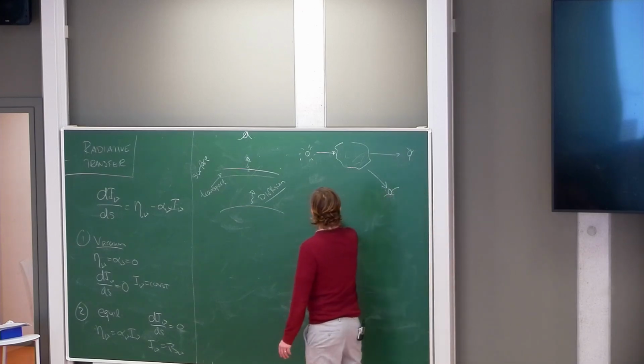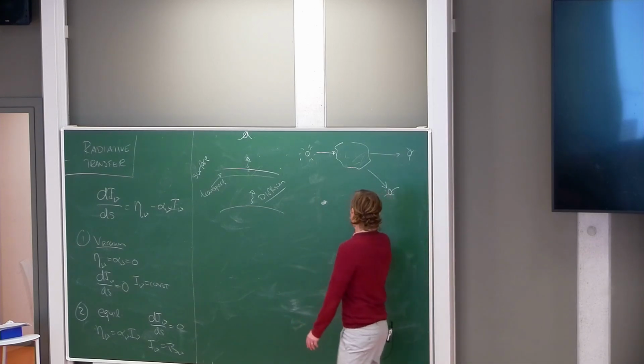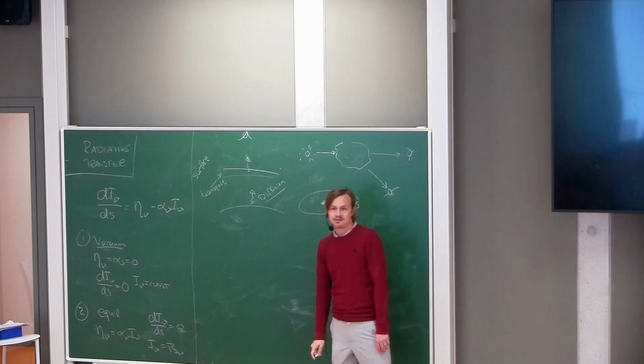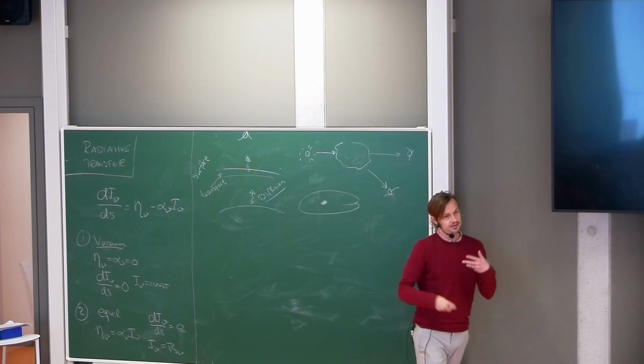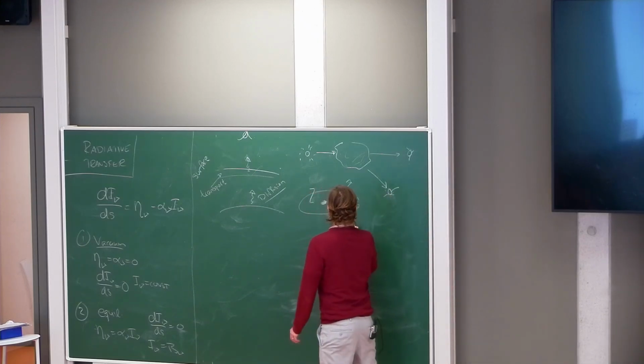We also saw another case where we perhaps have a supermassive black hole here, with an accretion disk around it, and this accretion disk might be geometrically thin but very optically thick, emitting here, here, and here.